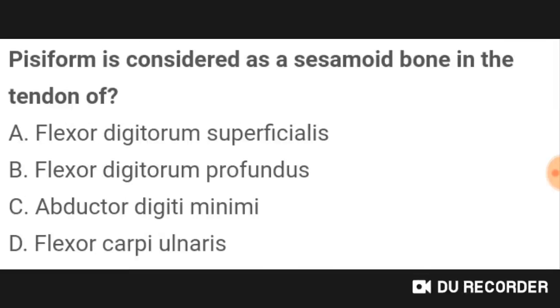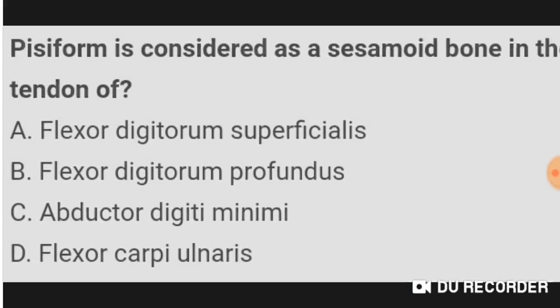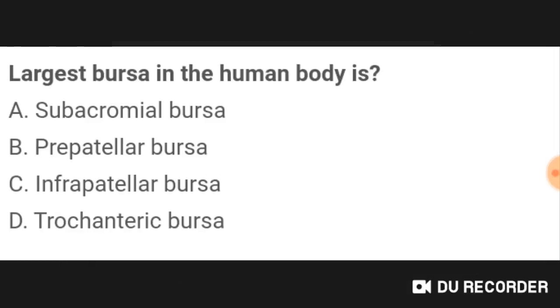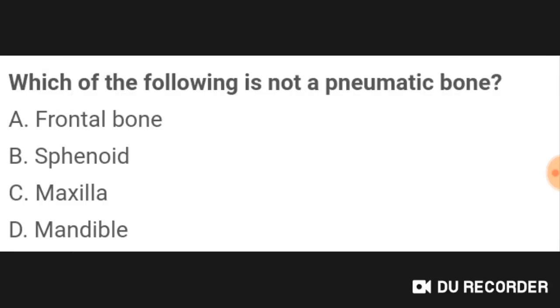Pisiform is considered as sesamoid bone in the tendon of flexor carpi ulnaris. Largest bursa in the human body is subacromial bursa. Which of the following is not a pneumatic bone? Mandible.